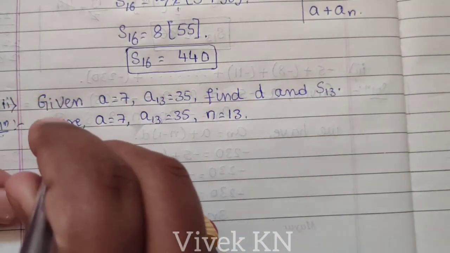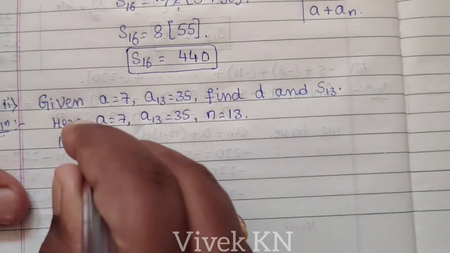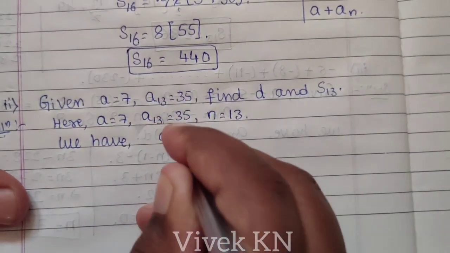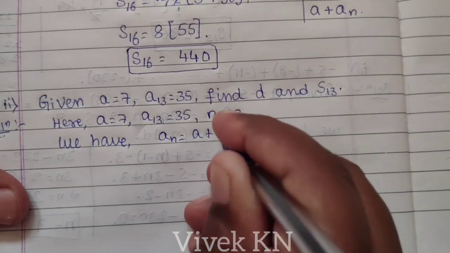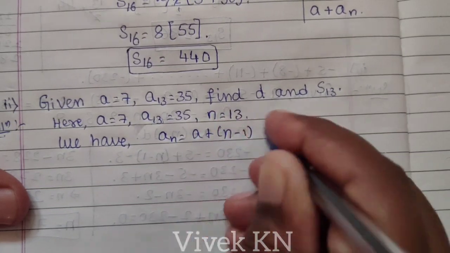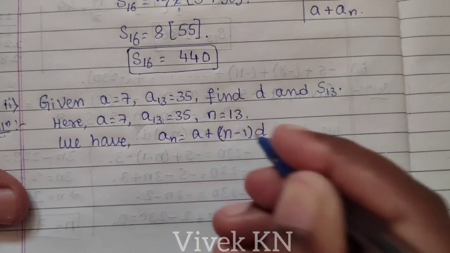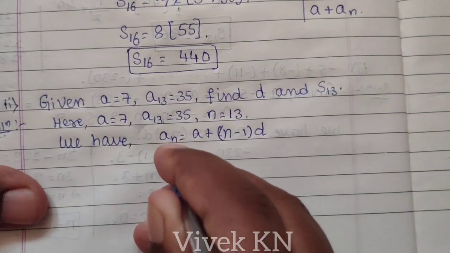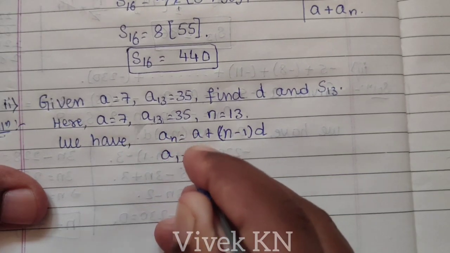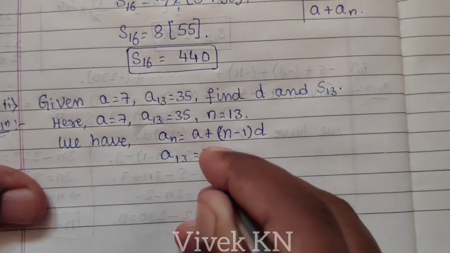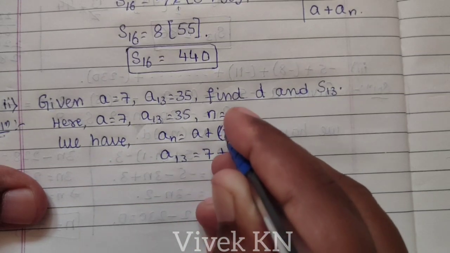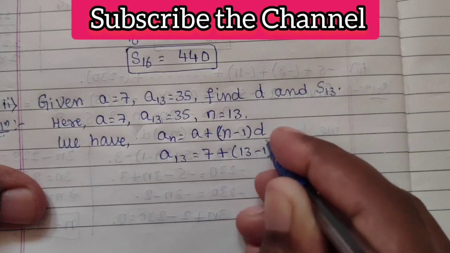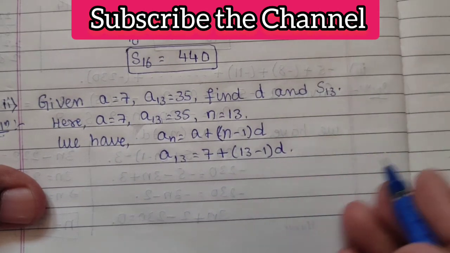Now let us write the formula for the nth term of an AP, that is an is equal to a plus (n minus 1) into d. Now let us substitute all these values, that is a13 is equal to the value of a, 7, plus the value of n, 13, minus 1, into the value of d, which we have to calculate.